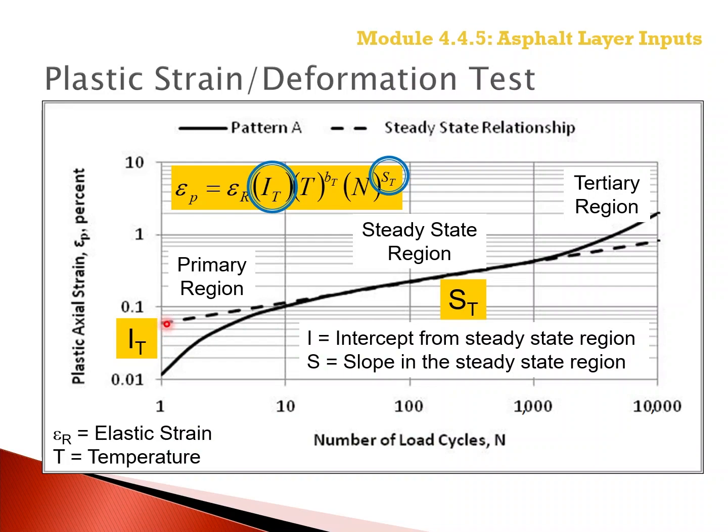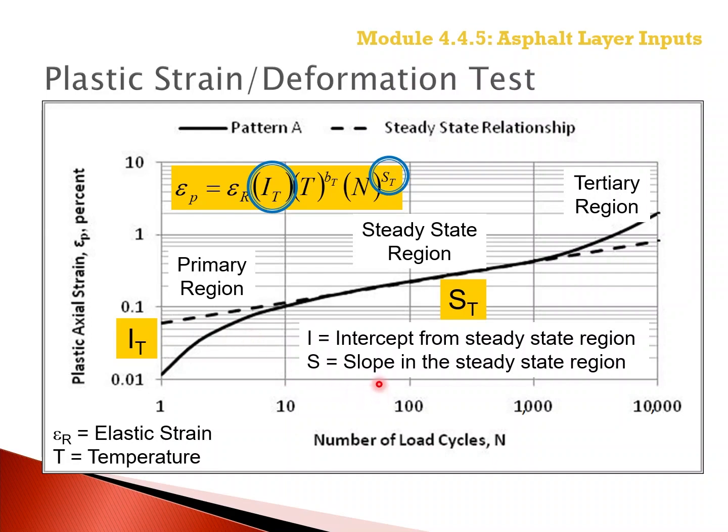The slope of the relationship is first determined in the steady state region. After the slope is determined, the slope is then used to estimate the intercept from the steady state range, as shown in the illustration by the dashed line.